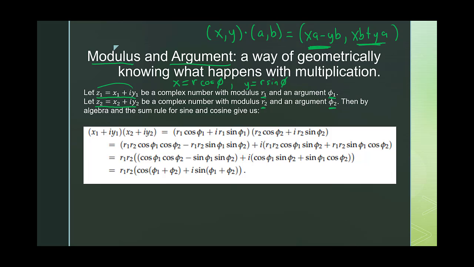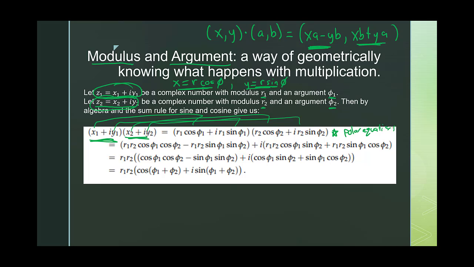So now if we just multiply these numbers straight up, what do we get? Well, we get this, right? And then now if we use our polar coordinate conversions, by substituting, we'll get x1 is equal to this, x2 is equal to this, and so on and so forth for our y's. So this is using our polar equations.